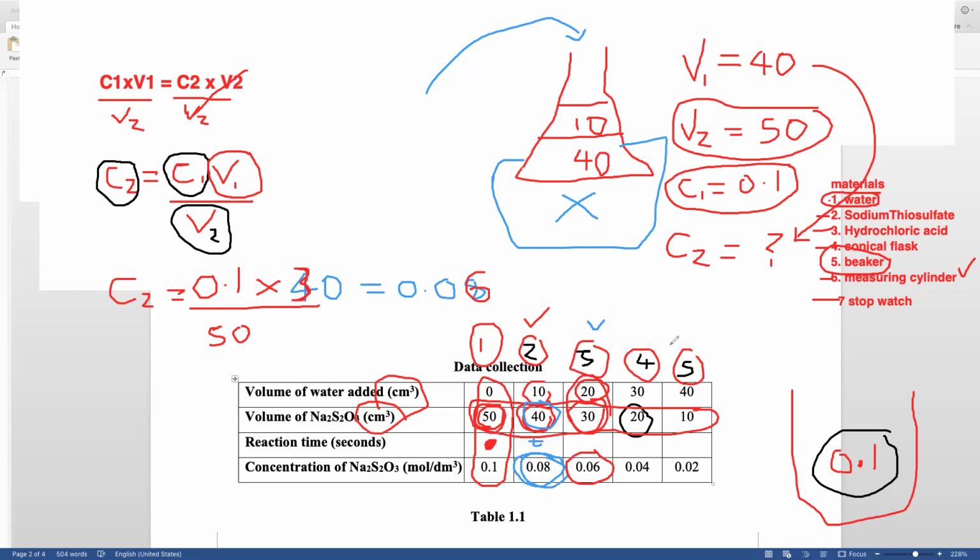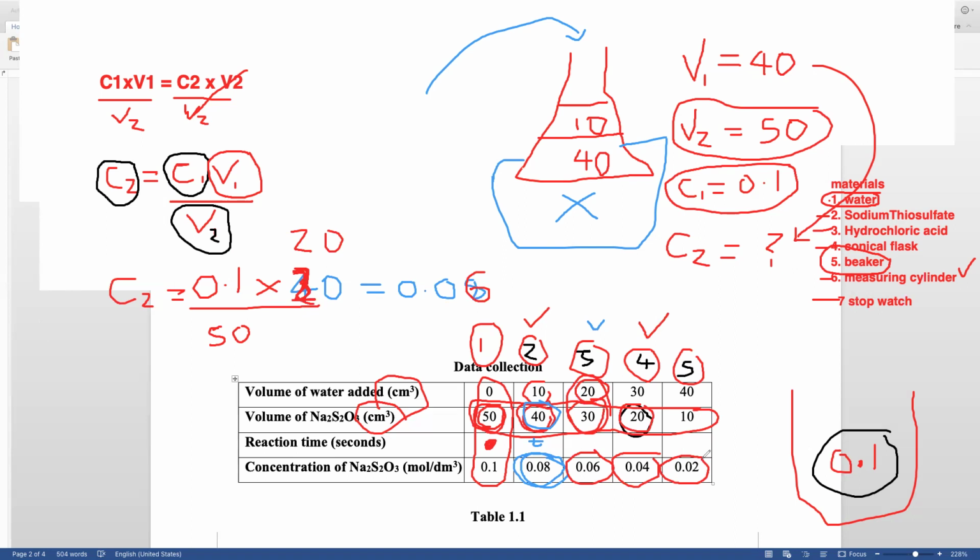You do the same. Experiment number 4, we are now adding 20. So meaning here, we are now gonna put a 20 here, and the final volume is the same. You don't have to change anything. So we're actually putting a 20 here. And when you multiply, you're gonna have 0.04. The same thing, you put 10, you're gonna have 0.02. So these are different concentrations across during the reaction.